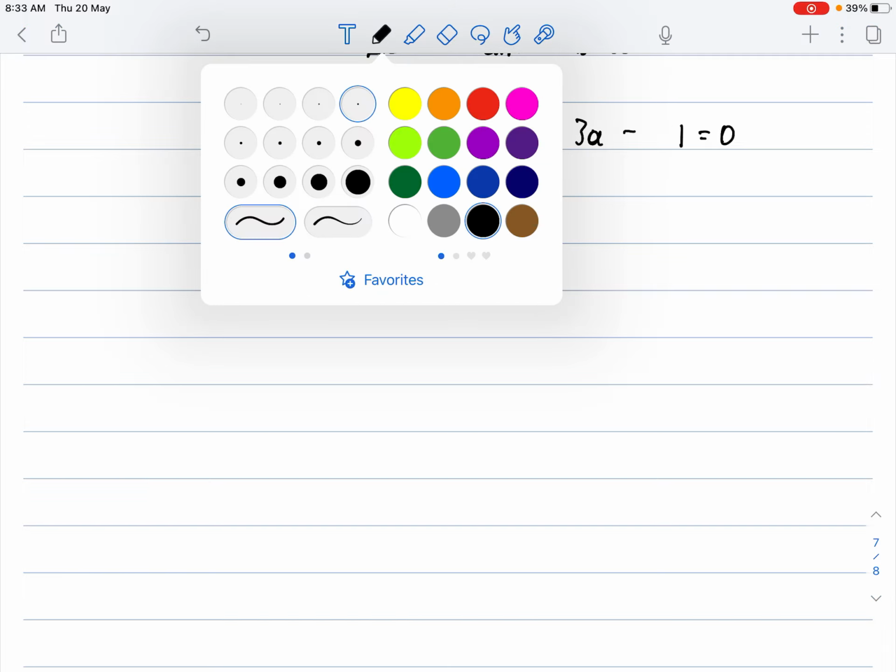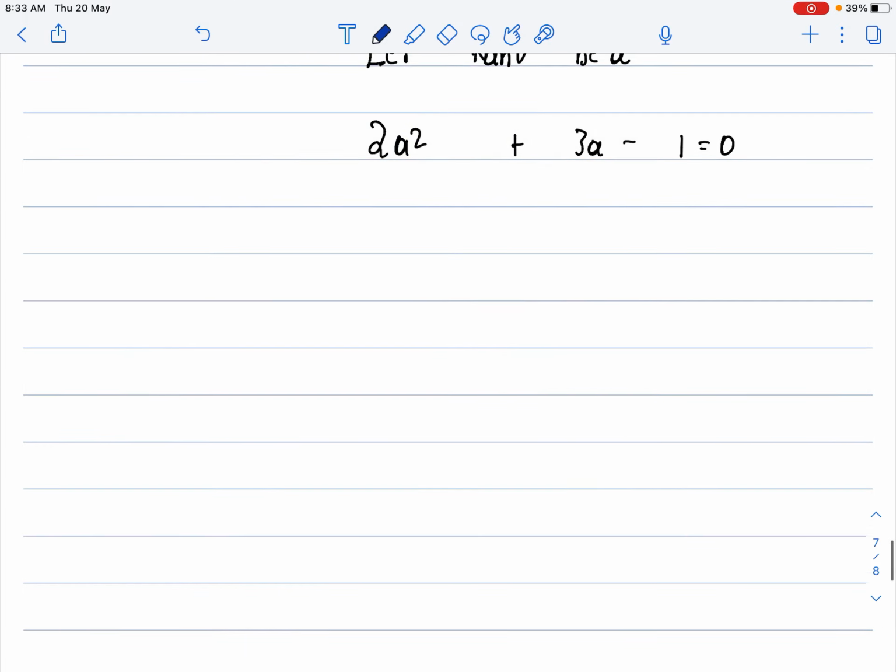So now I need to solve this on the Cal C. So on the calculator, what I need to do is first click on mode. When you click on mode, click on 5 where equation is written. Now click on 3 for quadratic. So now you get 3 boxes here.